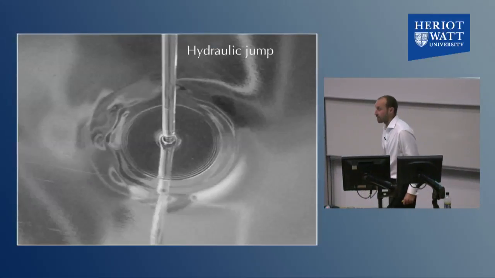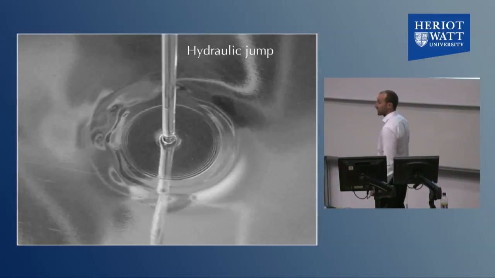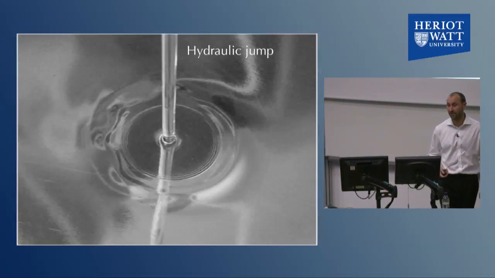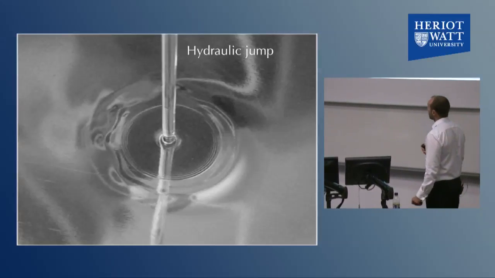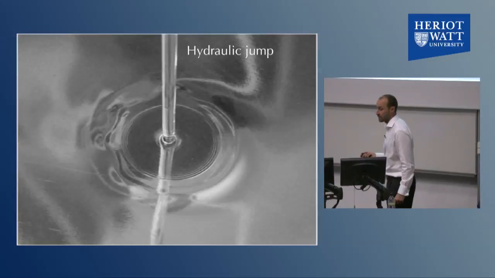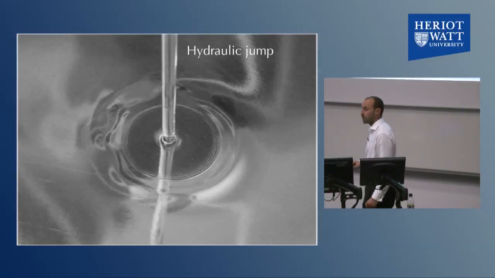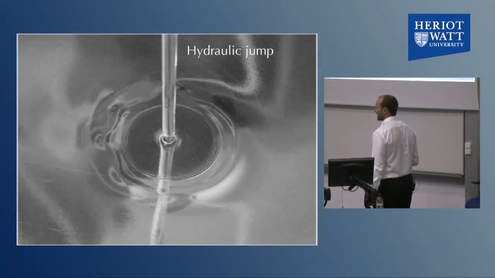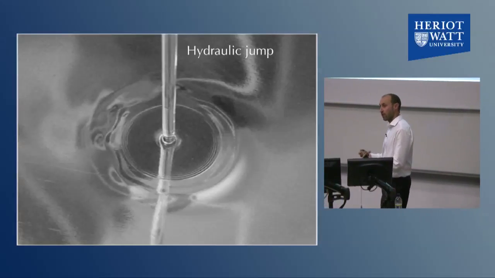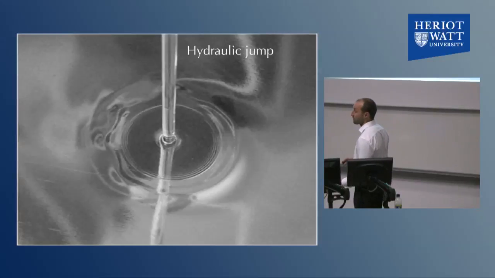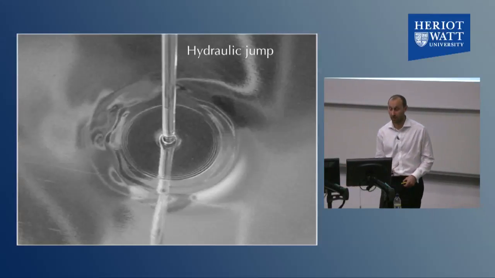So let me give a couple of examples of where you can actually see this occurring naturally. This is the exercise to try when you get back home this evening. This is a photograph of what is called a hydraulic jump. That's just a fancy technical term to say that we have tap water flowing out of a tap and hitting the bottom of our bathtub.